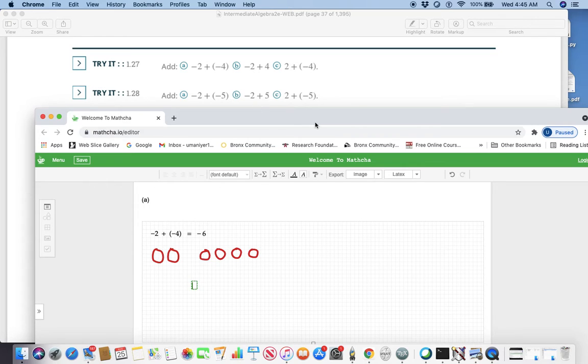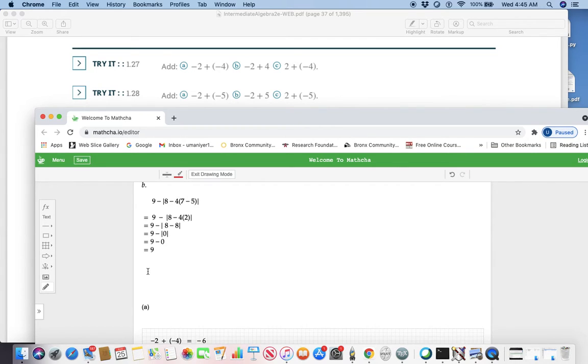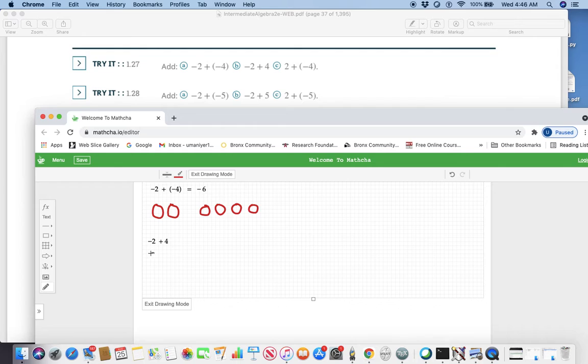The next one is -2 plus 4. Now, what does this say? -2 means I have 2 red counters.